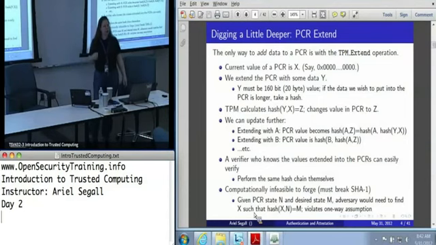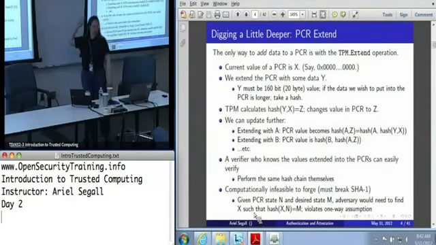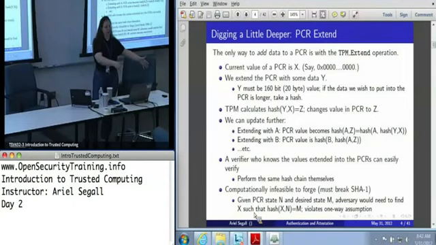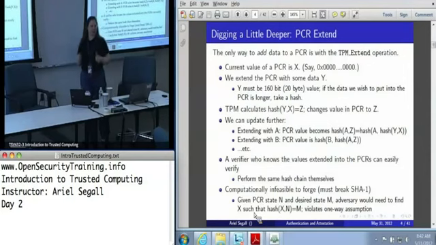If you want to get to some arbitrary value, starting from a different initial value, whether that be that somebody has already extended a PCR with some completely unrelated thing, calculating a series of extends that will get you to the same endpoint is really not computationally possible.